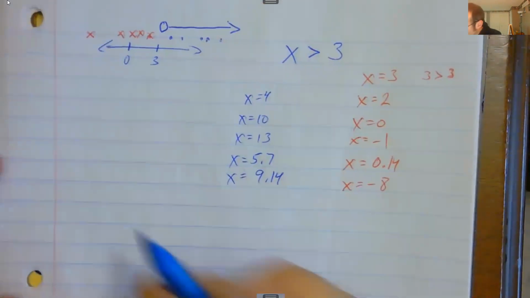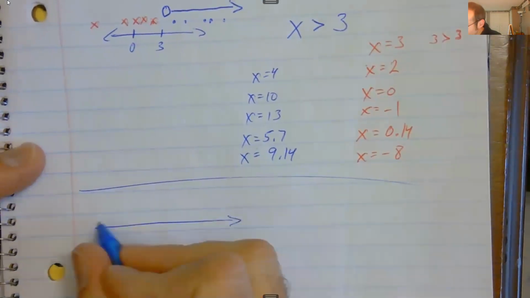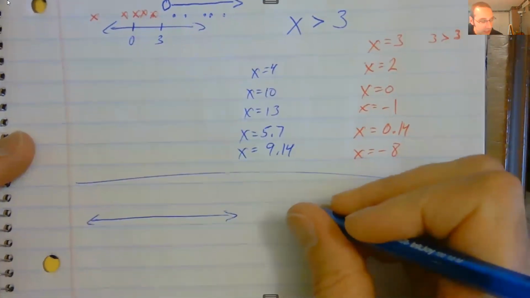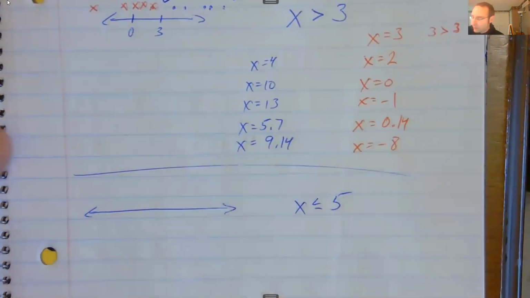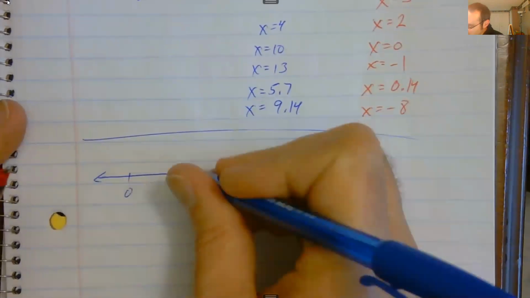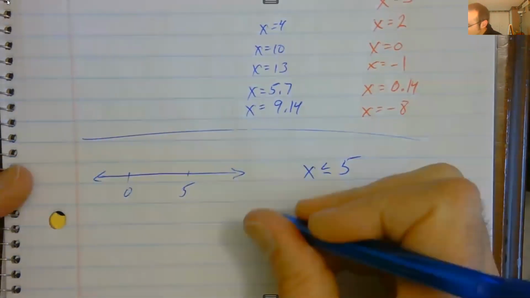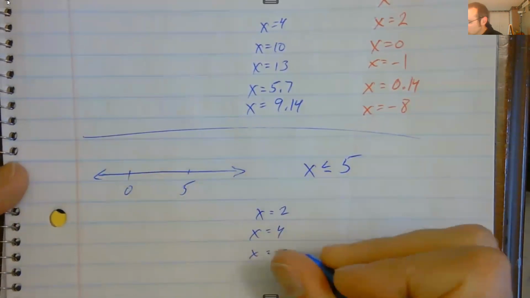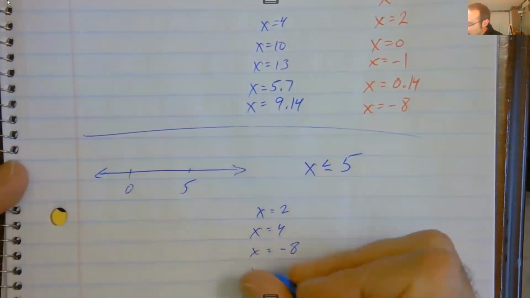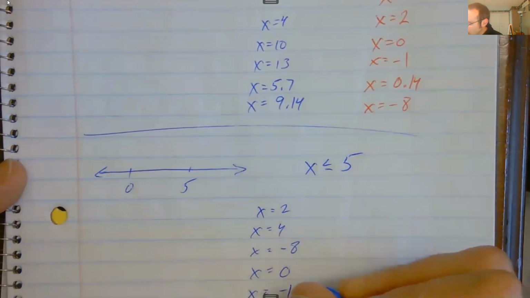All right, so one more time, just to look at this from the number line perspective. What if I were dealing with the inequality x is less than or equal to 5? And here's 0. I just like putting 0 on there, and 5. Again, if we started listing off the things that would make that true: x equals 2, x equals 4, x equals -8, x equals 0, x equals -1.9.